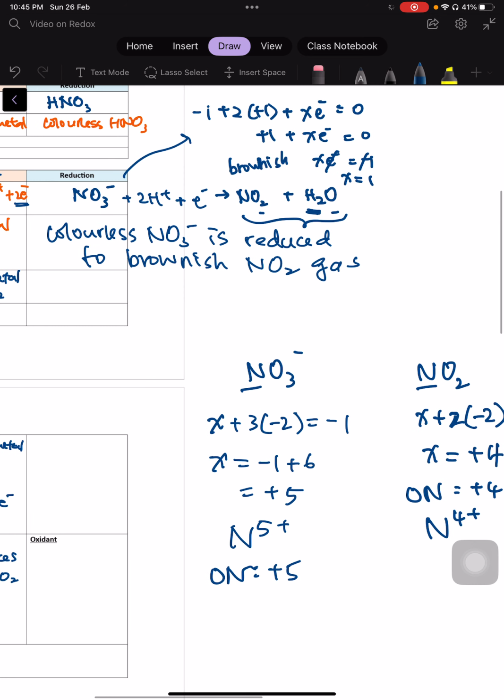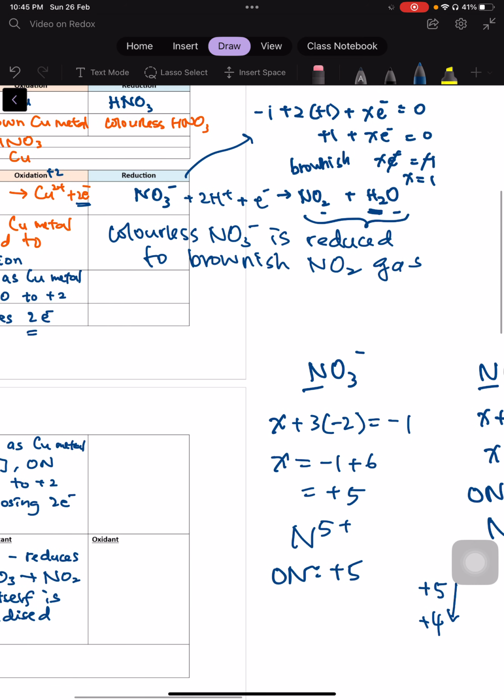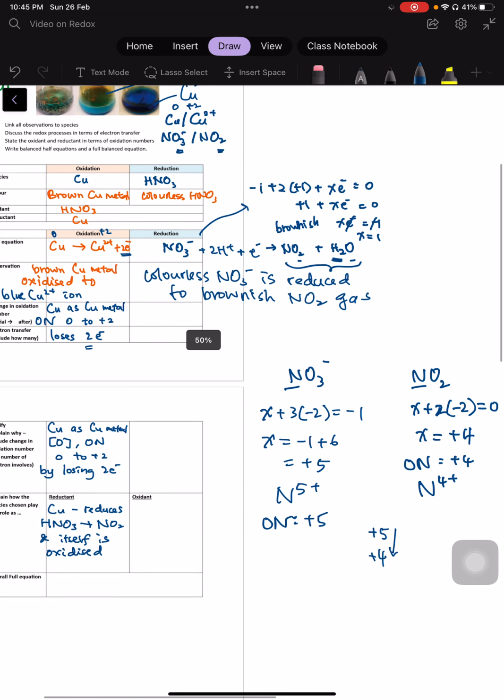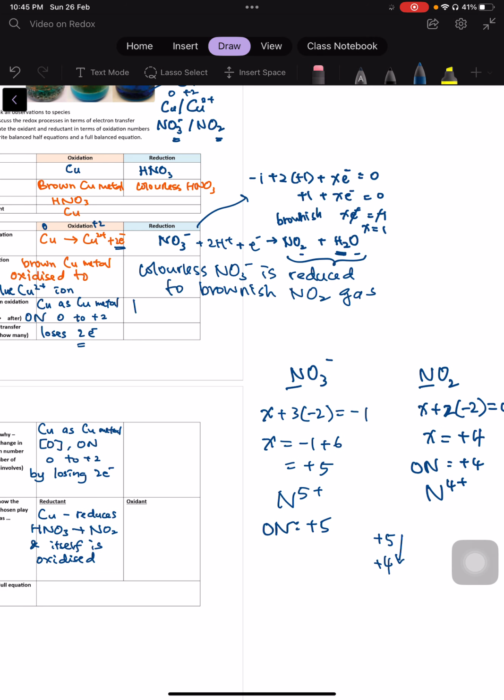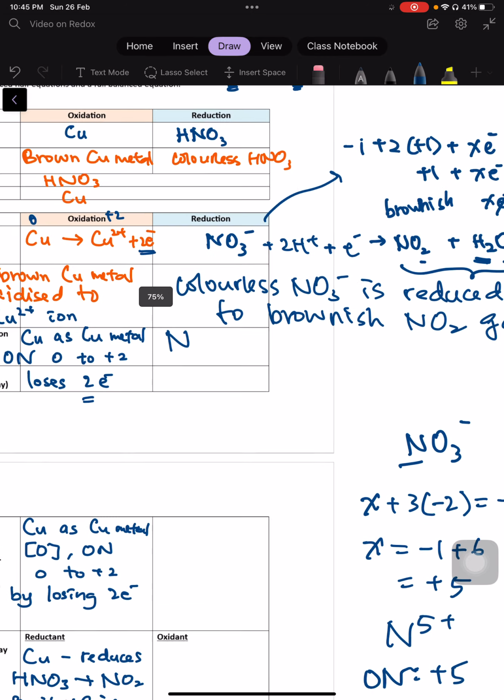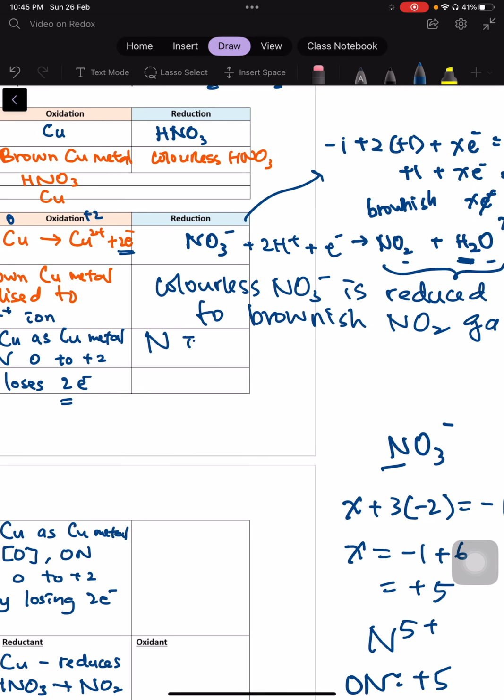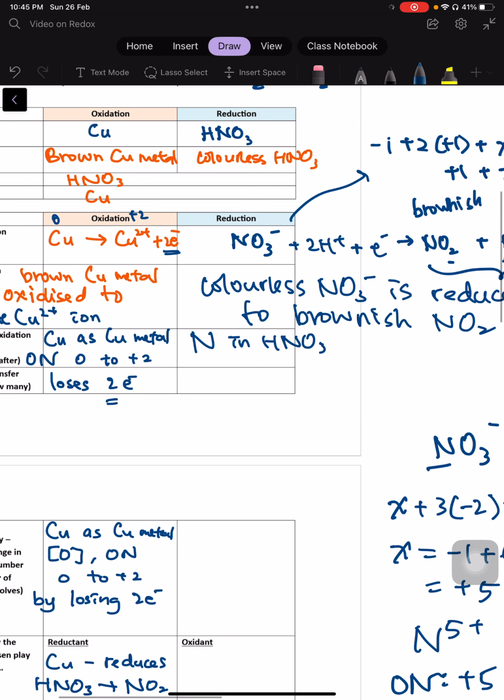As you can see, we have +5 reduced to +4. So I'm going to write down the change of oxidation number. Again, put down the element, in this case nitrogen in nitric acid, reduces its oxidation number from +5 to +4.